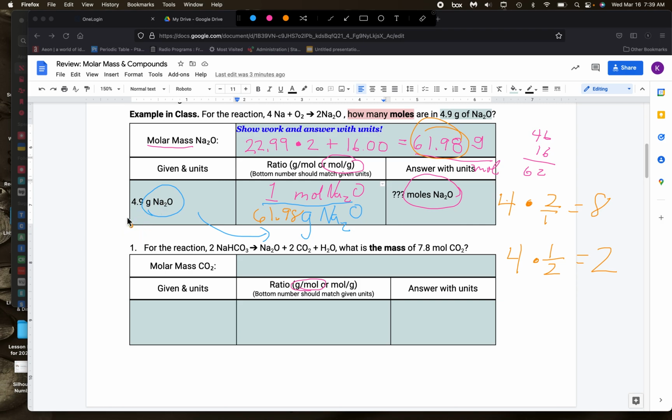So the calculation here is going to be 4.9 divided by 61.98. Plug that into a calculator or ask Siri to solve that problem, and I get 0.079 if I remember right, and the answer is moles, because we already knew that the answer was moles. Okay, that's how you solve this problem.